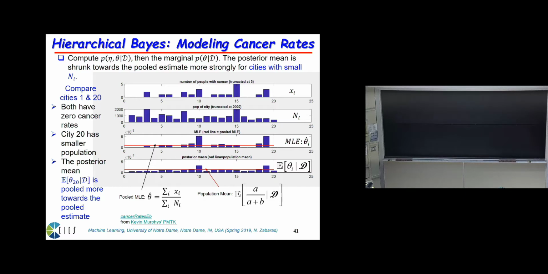But by utilizing the information that CT15 is giving you, you share the strength of CT15 to allow you to make estimates for the other cities. The other cities that don't have enough population and cancer rates are going to be using information extracted from CT15. But for CT15, the uncertainty is very small because we have very high information.